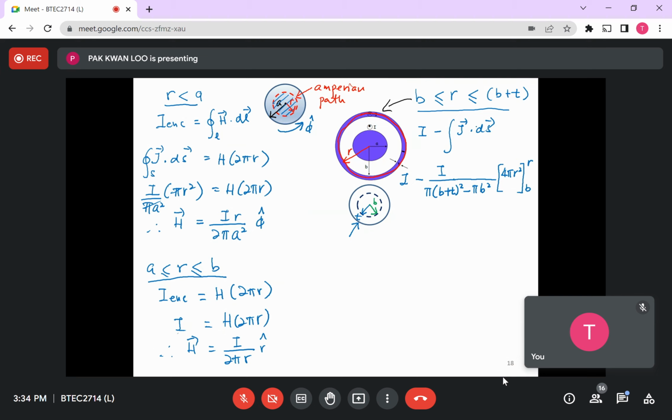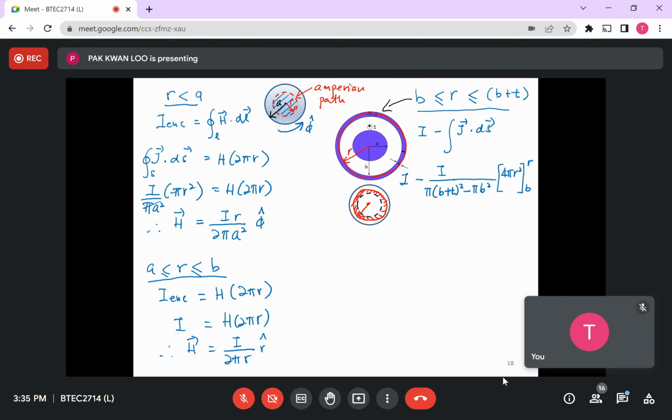So for the integration, my Ampere's path covers like this, which means there's a certain region enclosed.